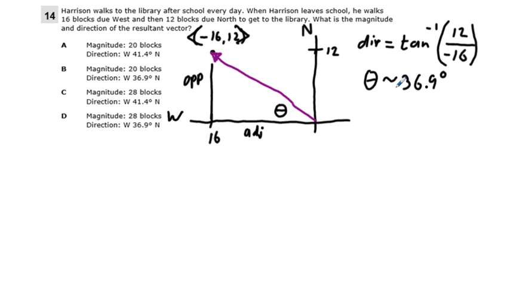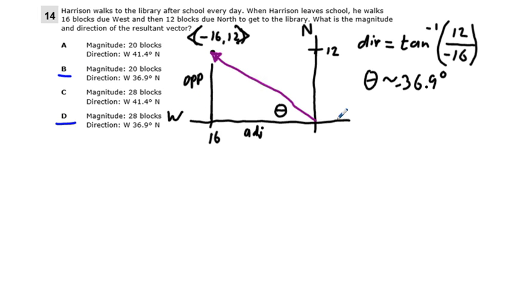And the thing is, it's given as negative, but that's to be understood. And so we're going to look for this 36.9, and the only place that I see that is going to be answer choice D. No, also answer choice B, excuse me.